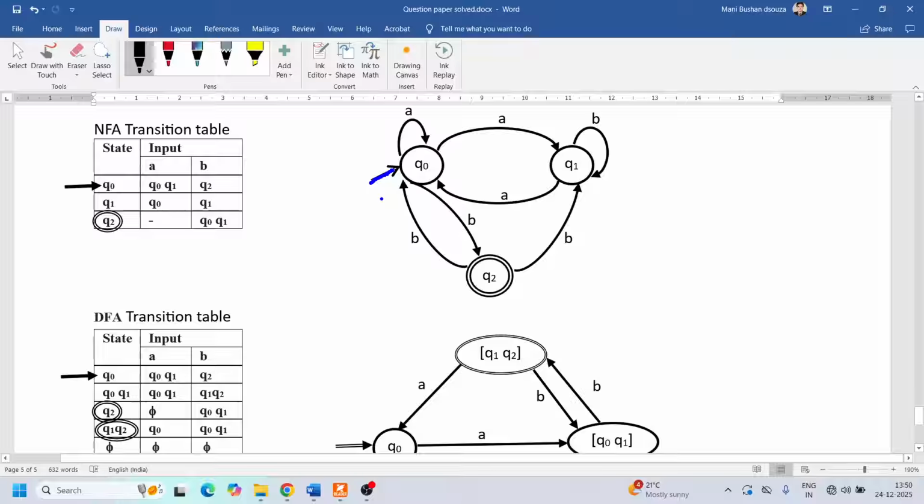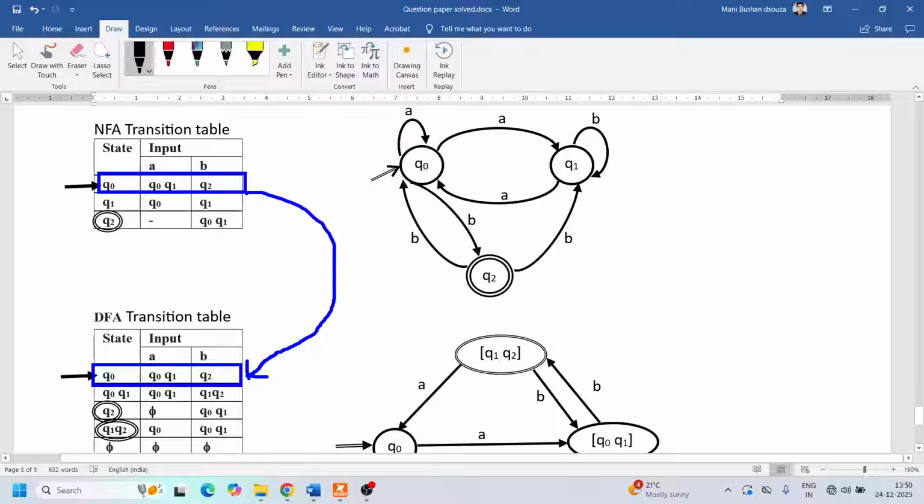The starting state is generally marked with an arrow, either a double arrow or just a dark arrow. So make note of this starting state and copy it as it is to the DFA transition table. This is direct copying.